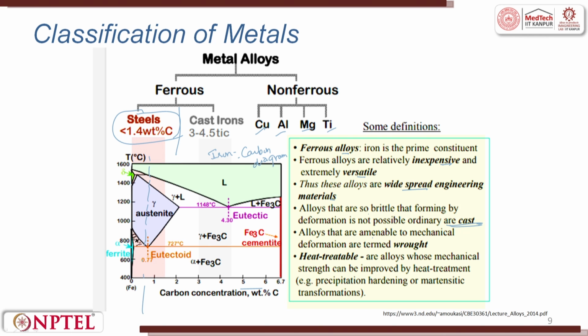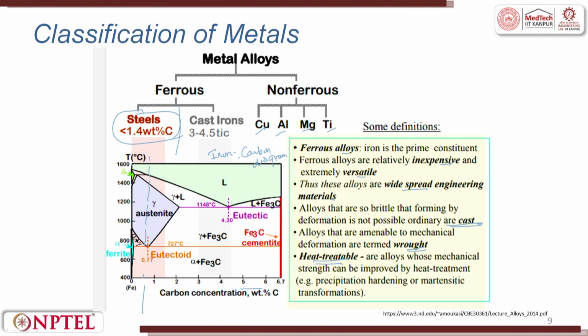Alloys that are amenable to mechanical deformation are termed wrought. The process in which heat is applied to change the material is called heat treatment. Heat treatable alloys are those whose mechanical strength can be improved by heat treatment.